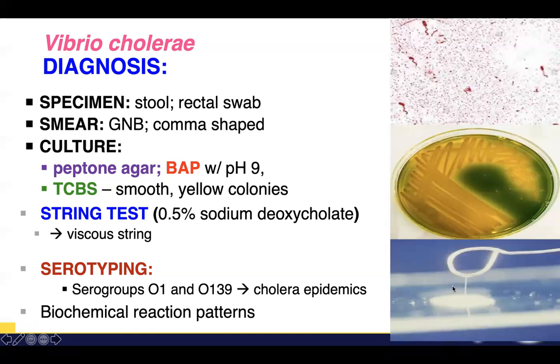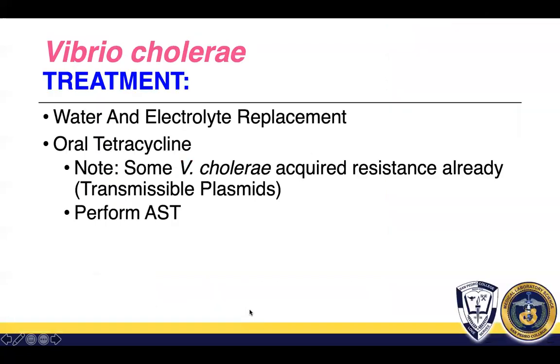Okay, so this one is an indication of Vibrio cholerae presence. And then, of course, serotyping should be done to differentiate serogroups O1 and O139, especially during times of cholera epidemics. And we can also perform and observe biochemical reaction patterns.